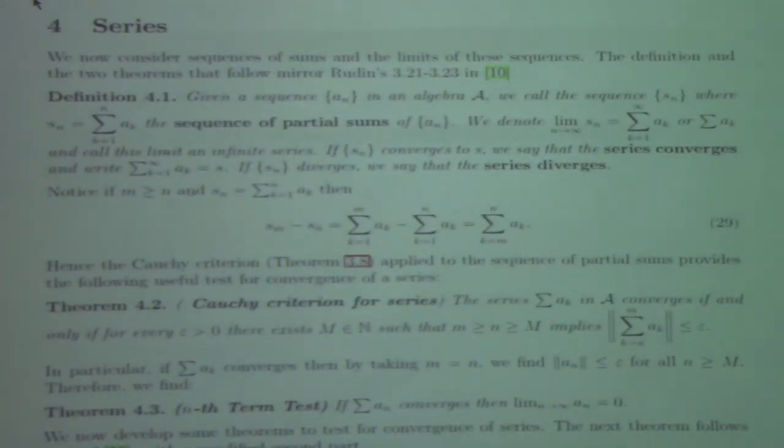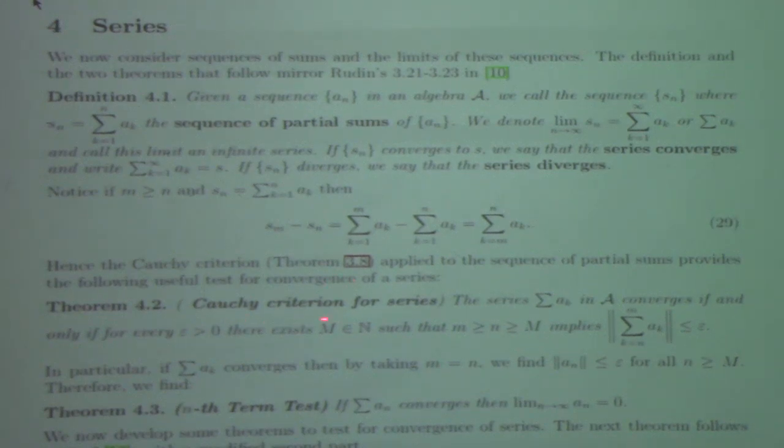All right, series. As usual, we define a numerical series in terms of the sequence of partial sums. This is defined to exist only if the limit of the partial sums as n goes to infinity exists. Otherwise, we say it diverges.